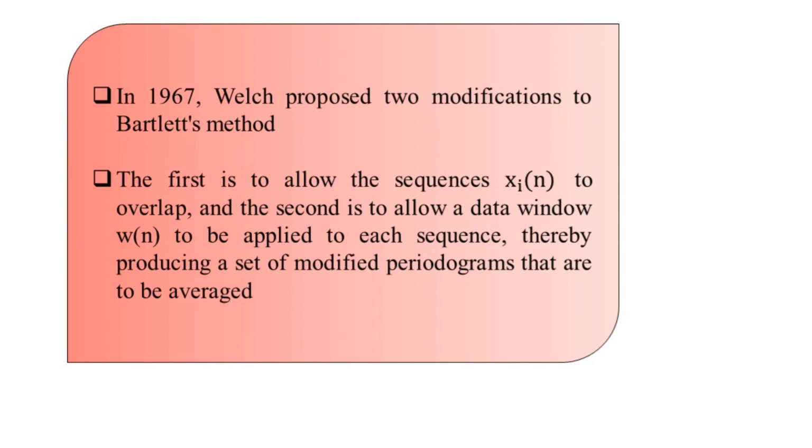For the Welch method, the assumption is that successive sequences are offset by capital D points and that each sequence has a length of capital L points.